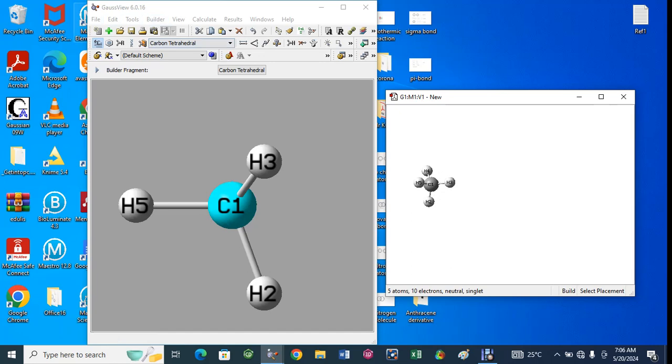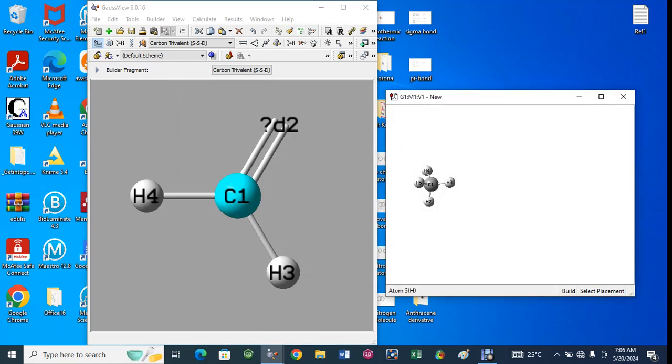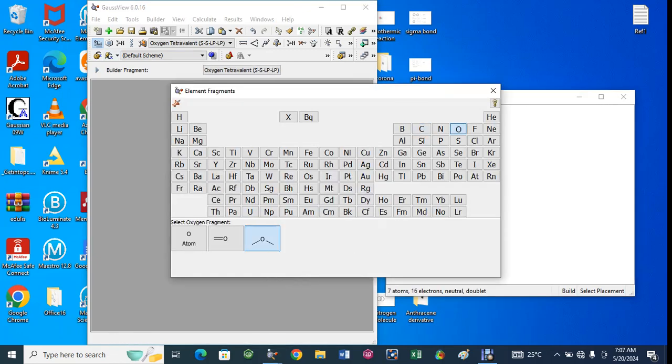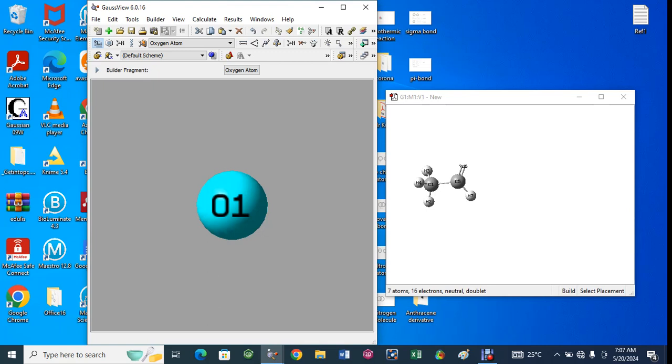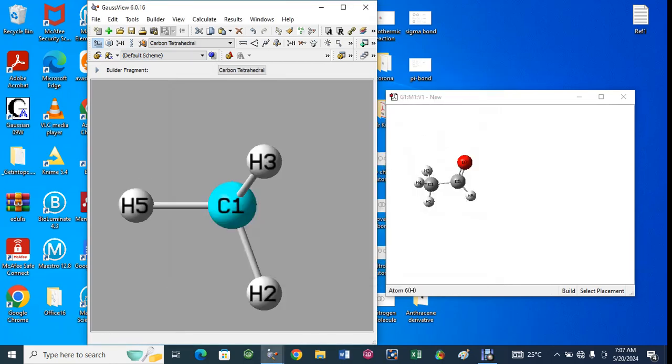Then I come to the element fragment and select the sp2 carbon, the single, double, trivalent fragment, and bring it here. Come here again, select the oxygen atom, bring it here. Then go to carbon once more, select the sp3, and now we have our 2-propanone.